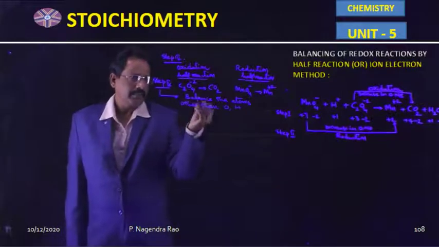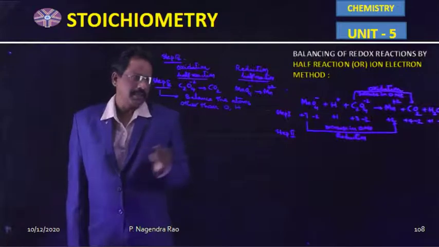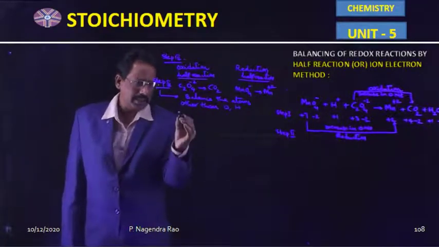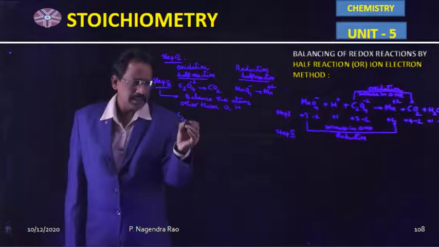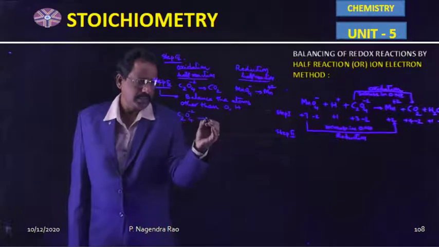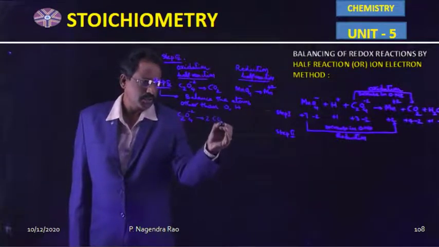So here in the reactant side there are 2 carbons, in the product side there is only 1 carbon. That's why the answer is C2O4 minus 2 is oxidized to 2CO2.